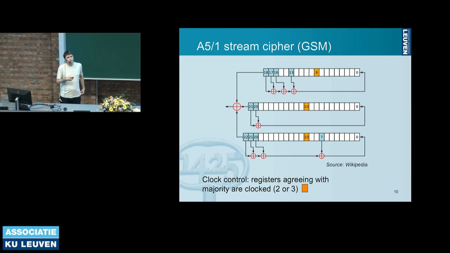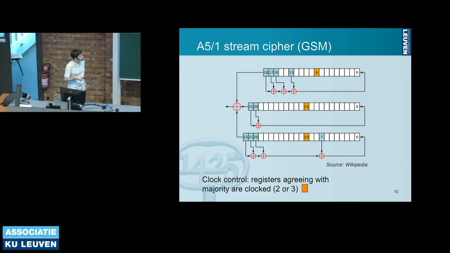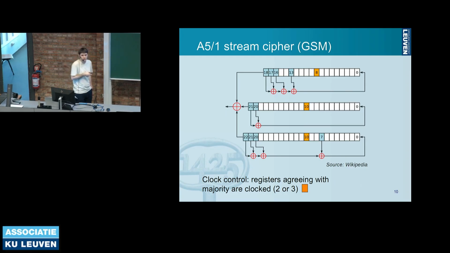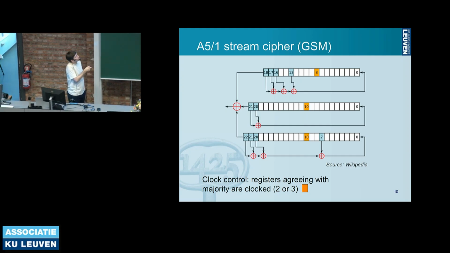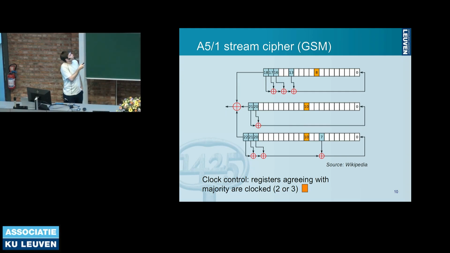So how to make this nonlinear? What this cipher does is it doesn't always clock. It first takes these 3 bits and computes the majority of those bits. The majority is just if 2 or 3 of these bits are 1, then the majority is 1. And then it only clocks, for example, this first LFSR if this bit is equal to the majority.